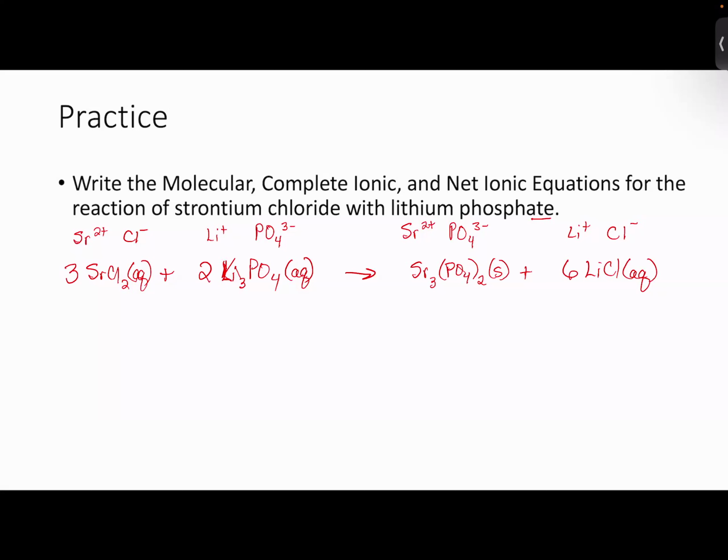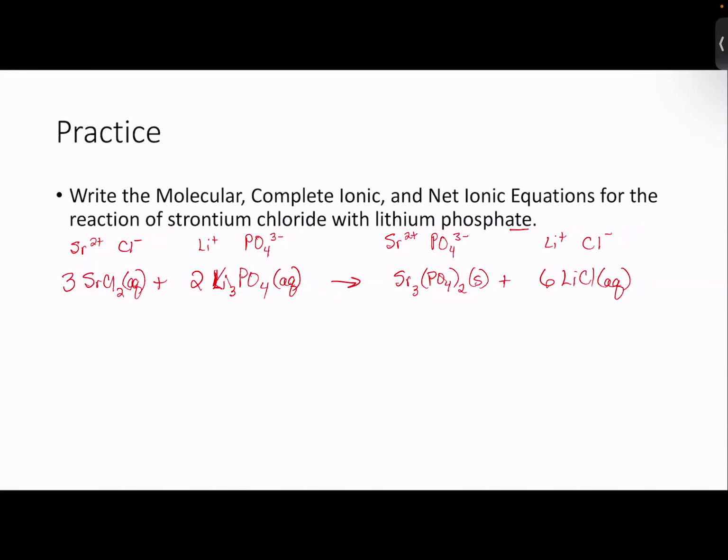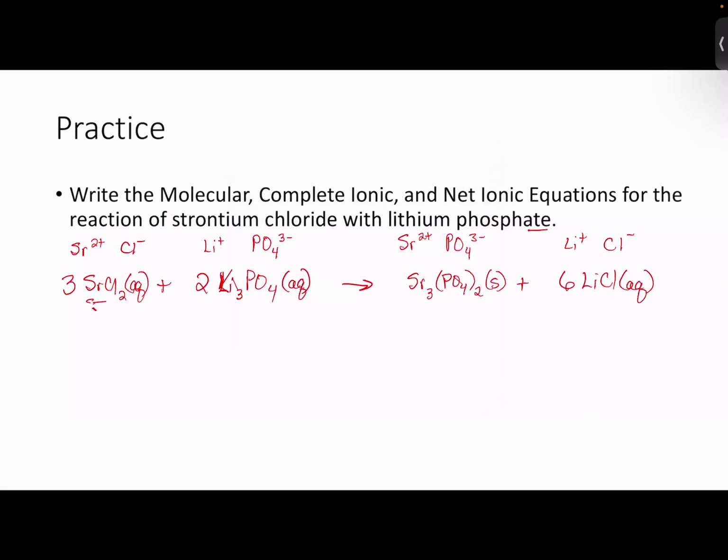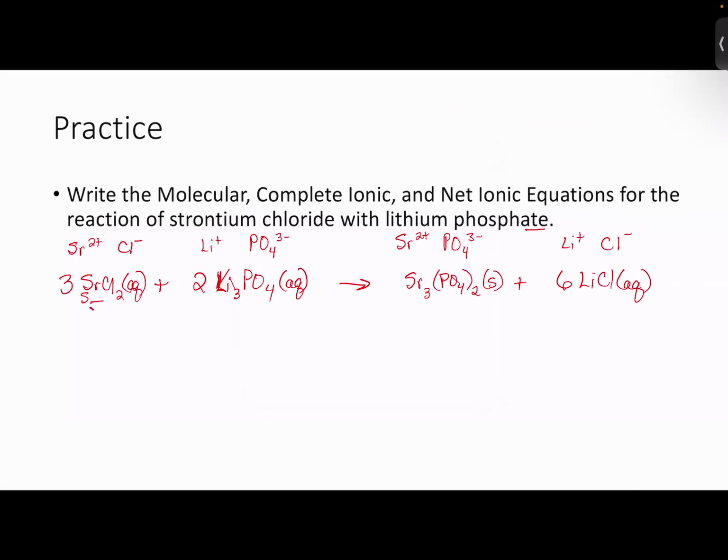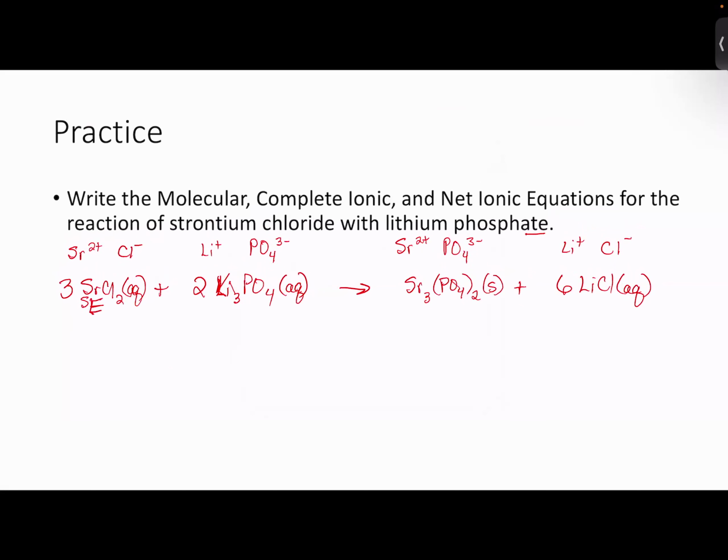Now let's get to the complete. Before I even do that, I take a couple of seconds to ask: is it soluble ionic and a strong electrolyte, or is it insoluble ionic and a weak electrolyte? Because we determined this was aqueous, this is a strong electrolyte because it is a soluble ionic compound.